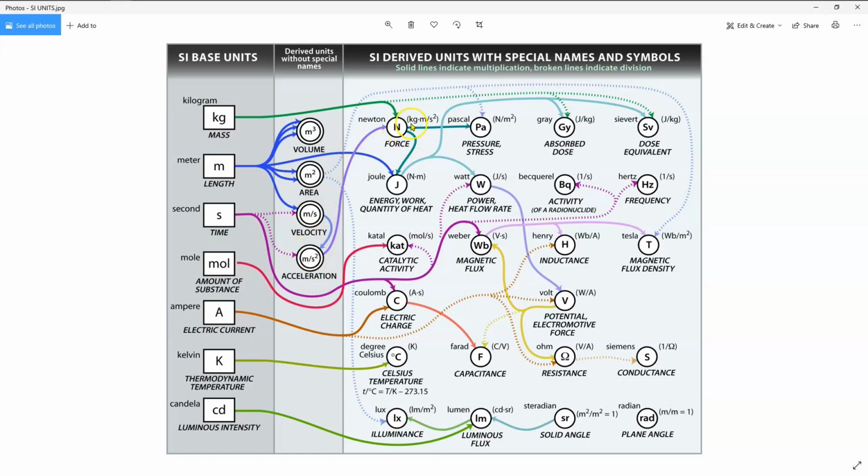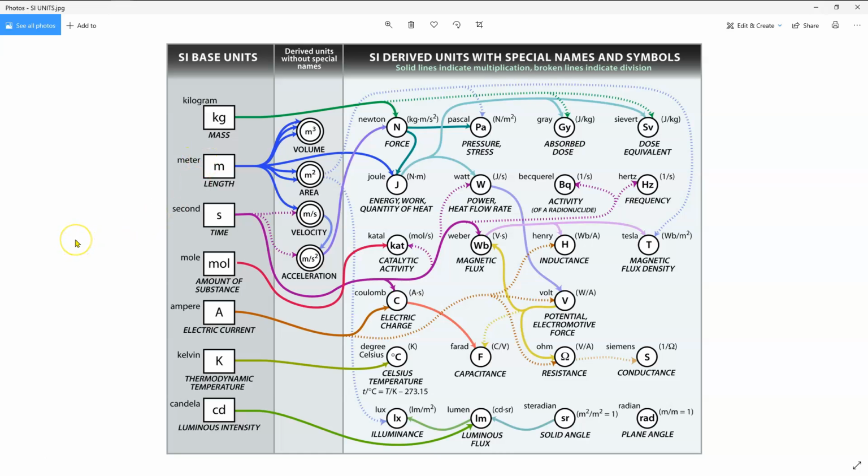Force was a kilogram times a meter per second squared, so it was mass times acceleration, and it has its own name of Newton. And you can see we will work with joules and pascals and watts as we go along. We will mention coulombs briefly, and of course we'll talk about temperature, but a lot of these others we'll talk about in later chemistry classes or physics. This is just a representative chart.